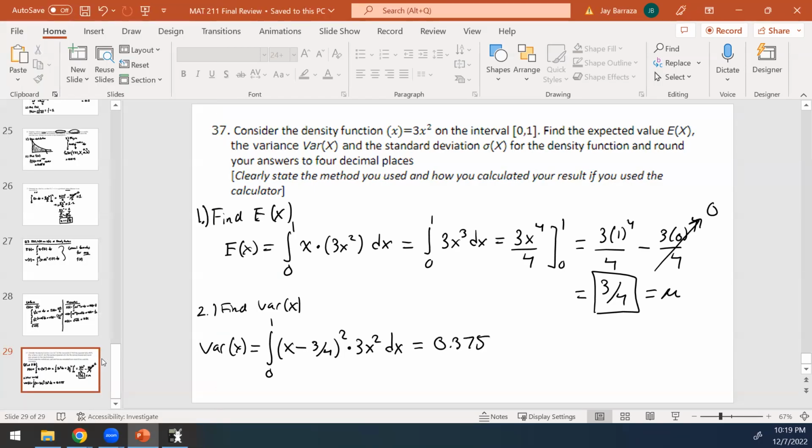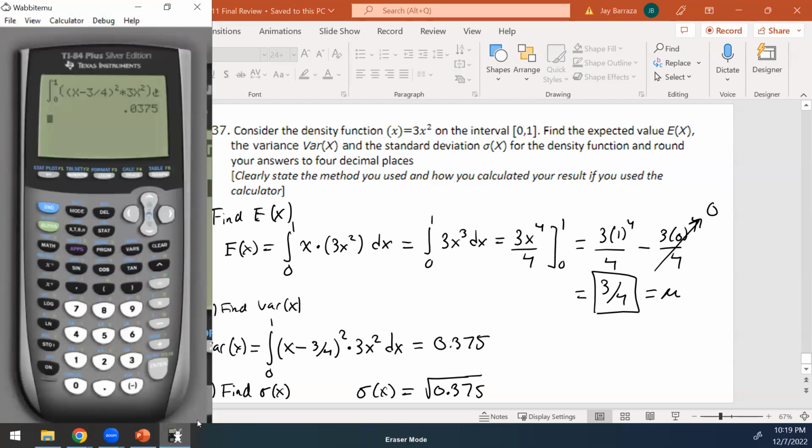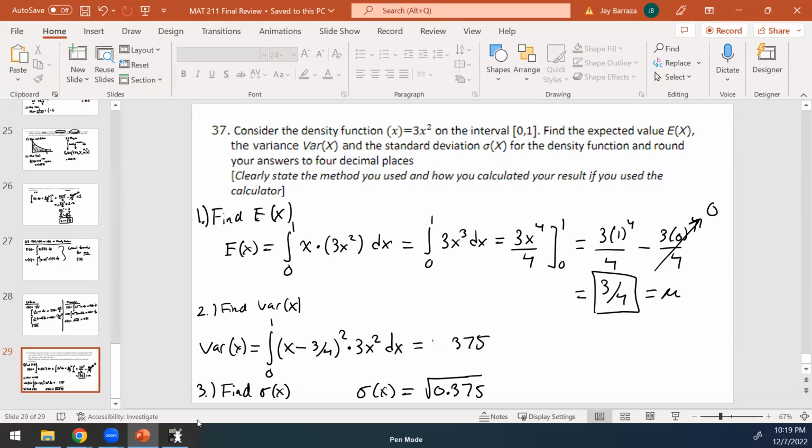Step 3 is to find sigma of x. Sigma of x is just the square root of 0.375. No, you cannot square E of x for the variance.